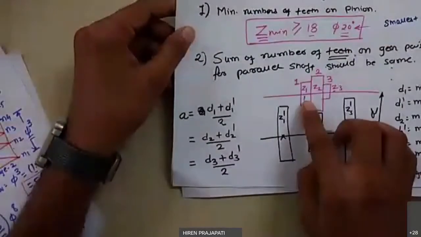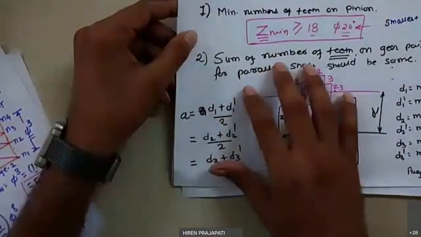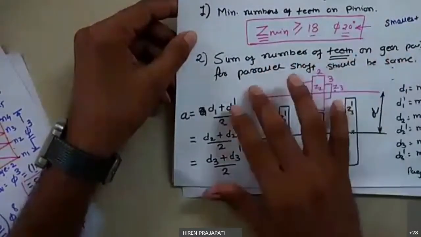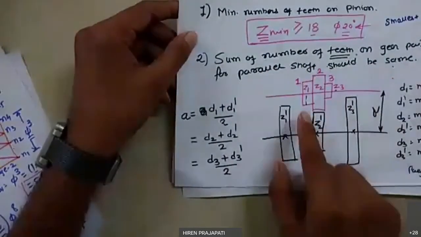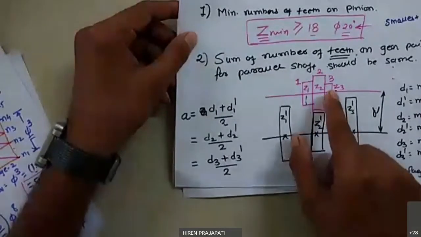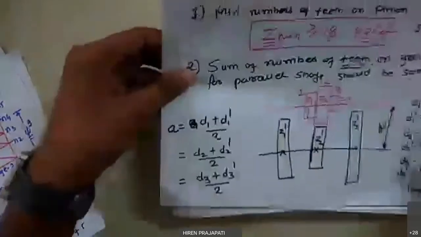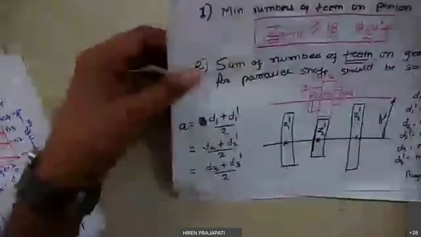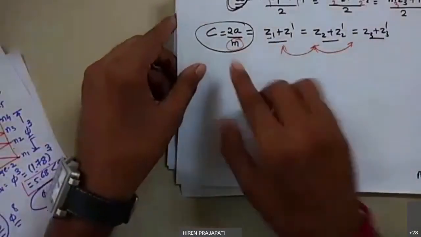Now the second guideline, which we discussed in the previous session, is that the sum of the number of teeth on a gear pair for parallel shafts should be the same. That means the sum of Z1, Z1 dash, Z2, Z2 dash, Z3, Z3 dash should be the same. If you add all of these, they should be equal. This is what we discussed, so this is constant, right?